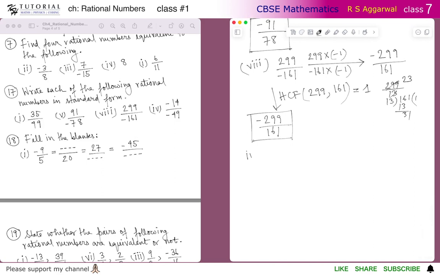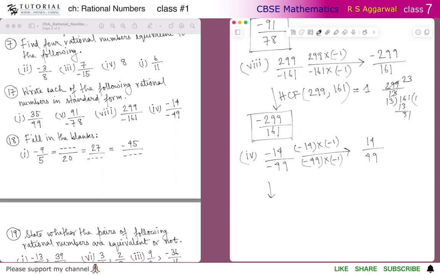Next is minus 14 by minus 49. We can clearly see that the denominator is less than 0. So the first step is to multiply both the numerator and the denominator by minus 1, and it becomes 14 by 49.